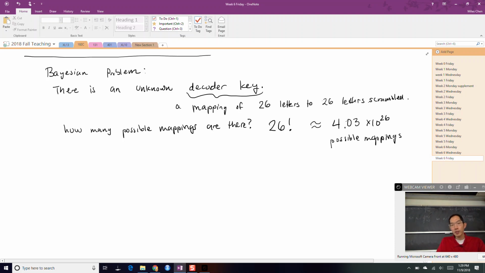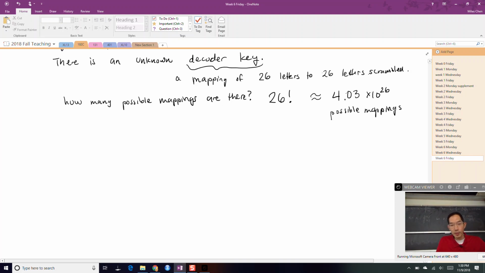Okay, but this is the unknown thing. And so what we want to know is which of these 26 factorial mappings is the correct one, right?